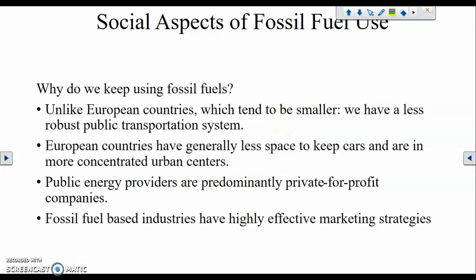They answer to stockholders, to owners, but not generally to us. All right. The other thing is fossil fuel industries have very good marketing strategies to make sure that you're hooked. So again, this is one of the reasons why we as people have not gotten into public transportation or any of these other renewable sources of energy.